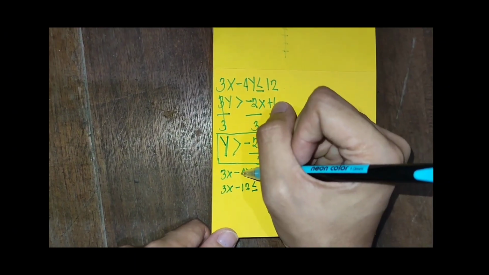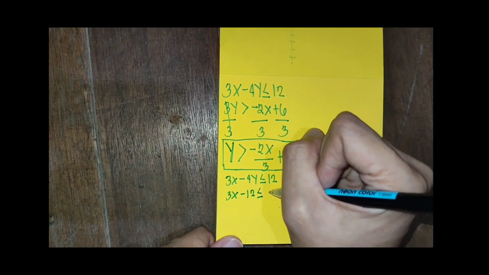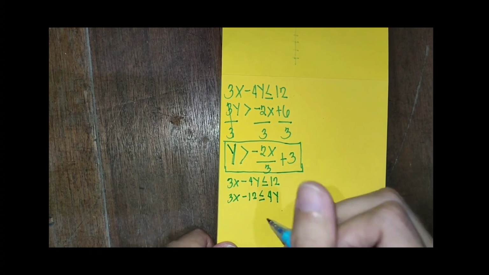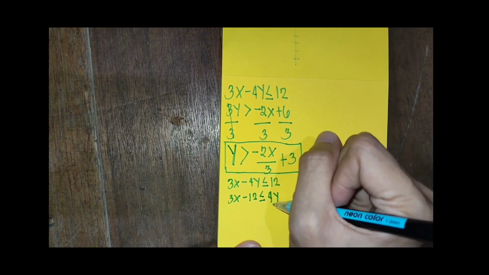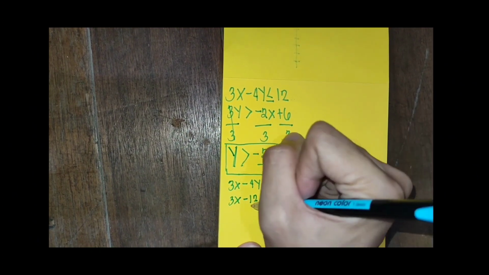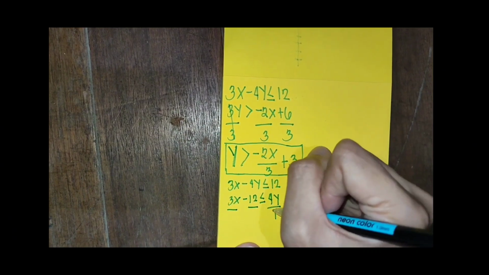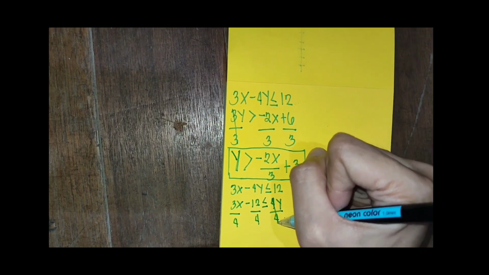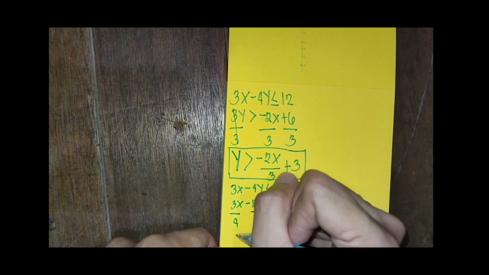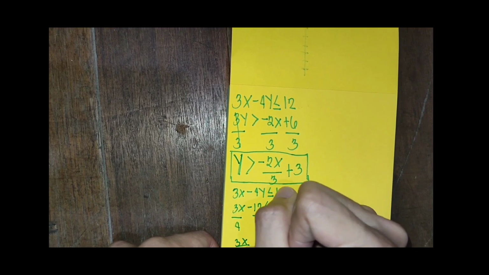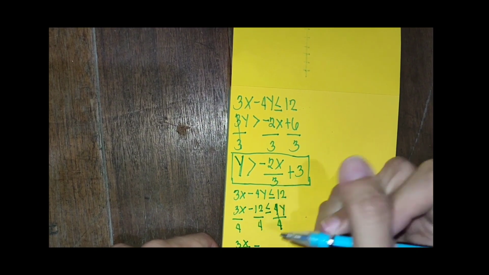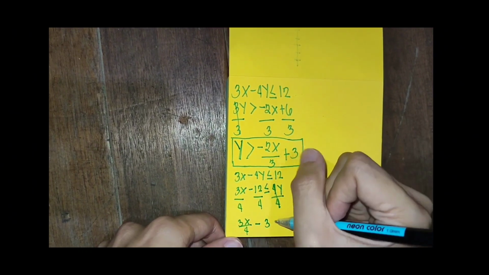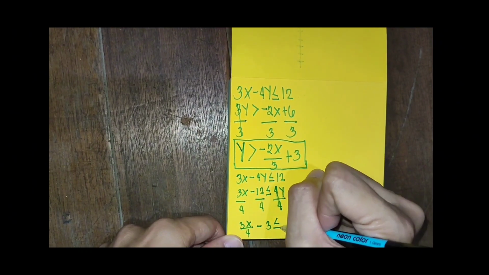Tapos itong 4 magiging positive na siya. So, 4y. Para mawala tong 4, i-divide lang ulit natin siya sa 4 din. So, cross out lang to. Ang sagot is 3x over 4 negative 3 less than or equal to y.